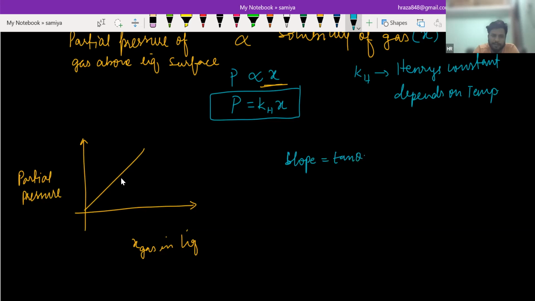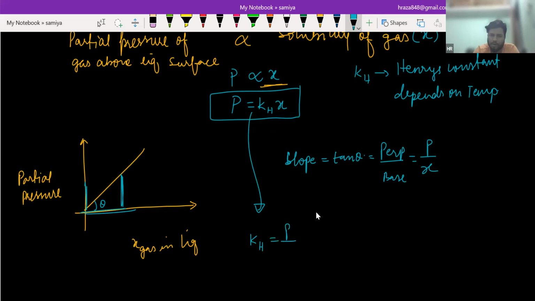Just consider theta here. So tan theta will have a value perpendicular upon base. And what is perpendicular? Perpendicular is basically partial pressure, and base is basically mole fraction.